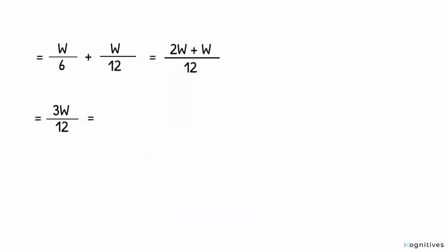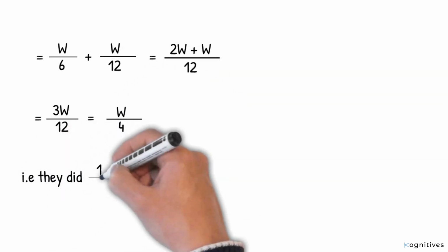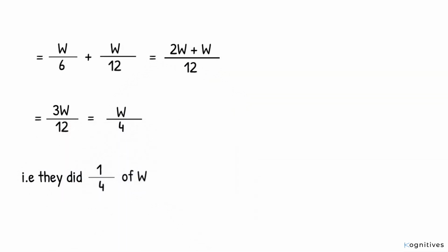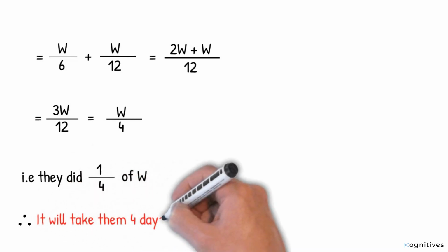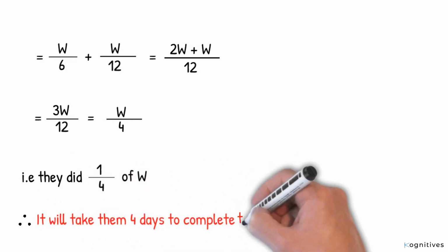And when I simplify that, I will get W/4. That is, they did 1/4 of the work working together in 1 day. So that means that both of them working together, it will take them 4 days to complete the work.